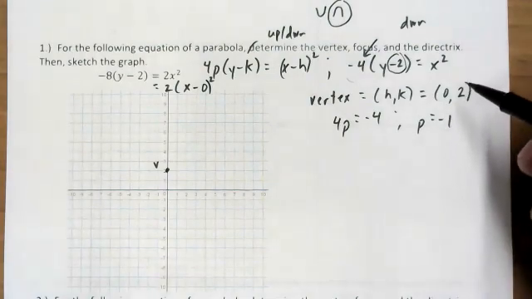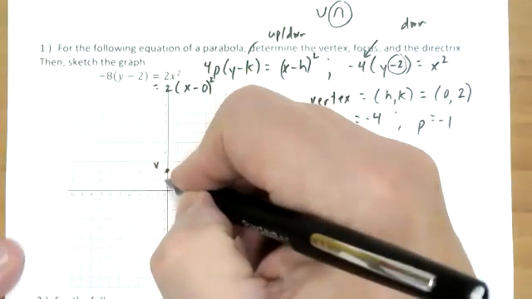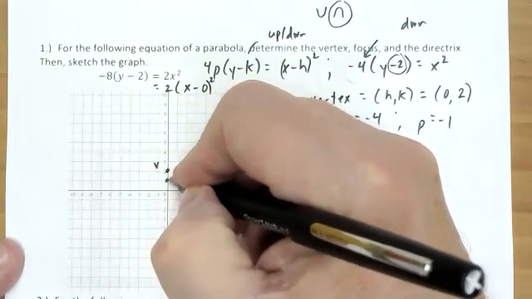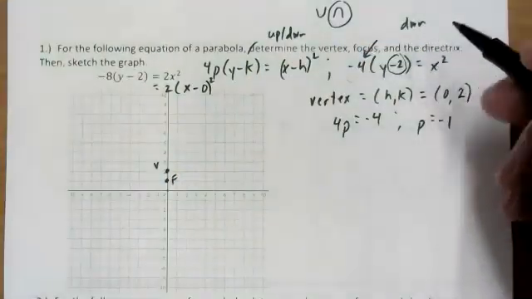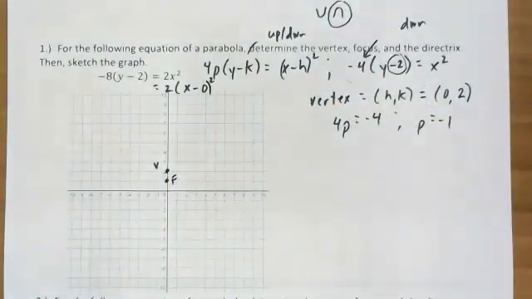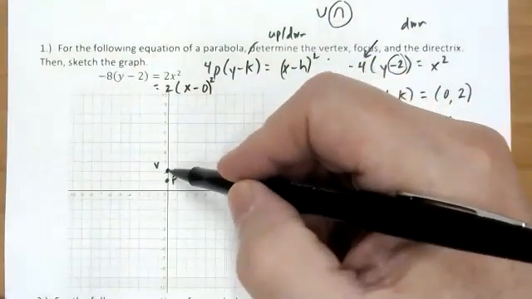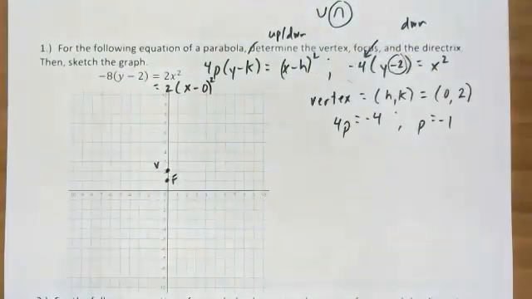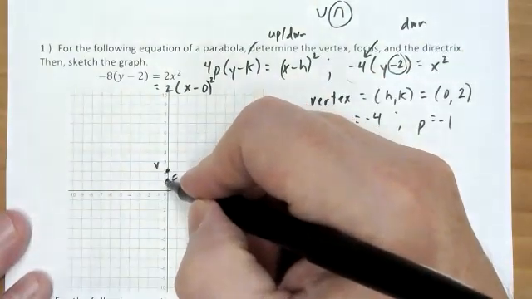So in my mind, I'm thinking I have to move a distance of 1, and I'm going to move down, because I know the focus is going to be inside the parabola. I know it's a down parabola. And in the same way, the directrix, you move a distance P, in the opposite direction from the vertex. So from the vertex, I move down 1 to get the focus.